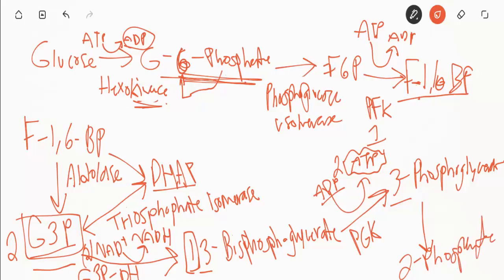We are going to go to 2-phosphoglycerate. Phosphoglycerate mutase, because a mutase just changes the structure. So we go from removing the phosphate group to here over to the 2-carbon.